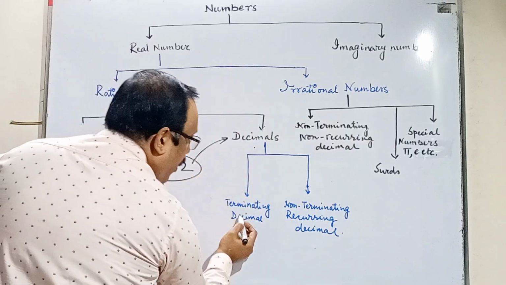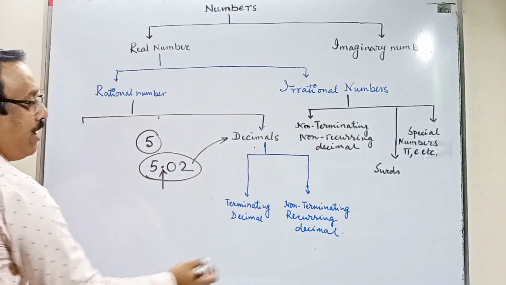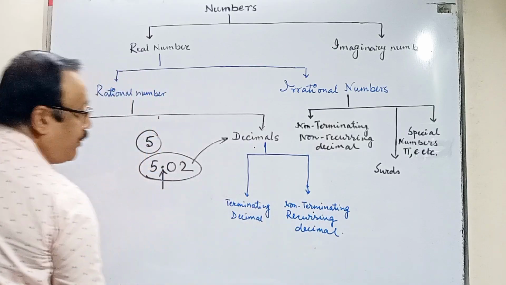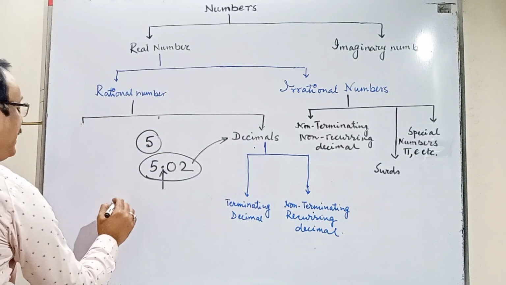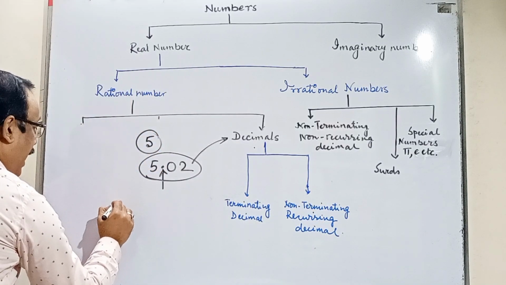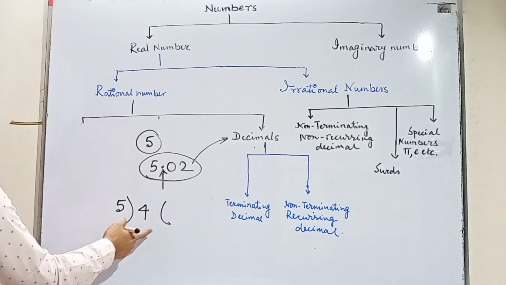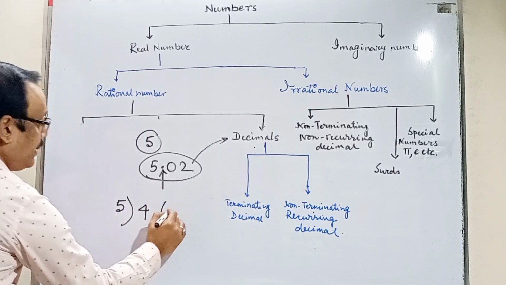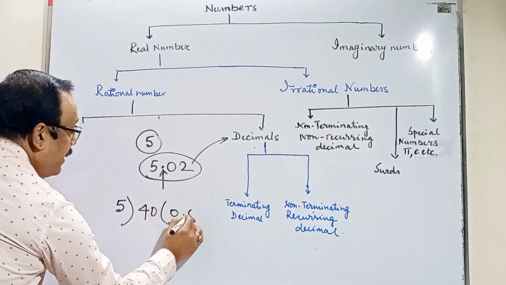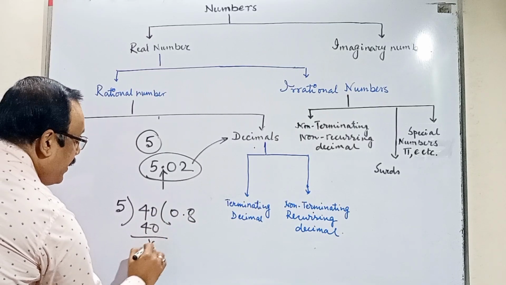Now these decimals are of two types: terminating decimals and non-terminating recurring decimals. What is a terminating decimal? Suppose I am dividing 4 by 5. So this is 0.8. You have divided, and it is leaving no remainder.